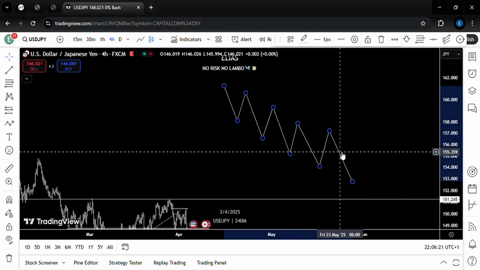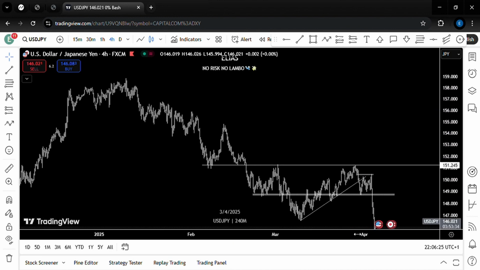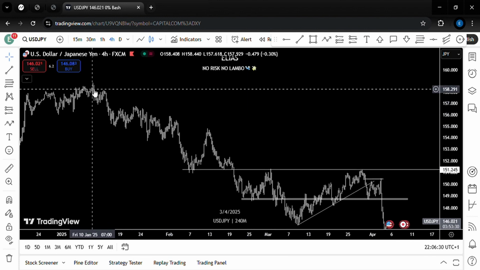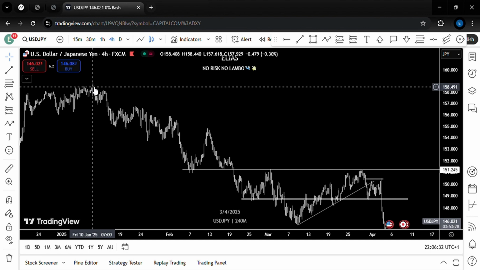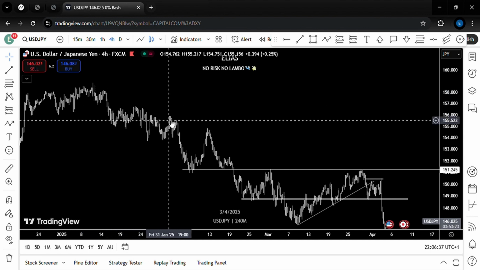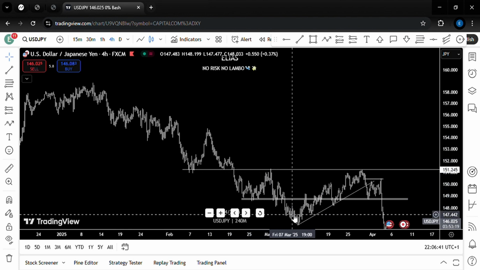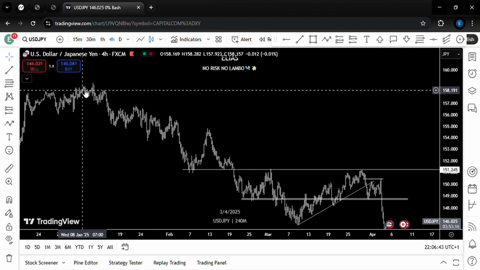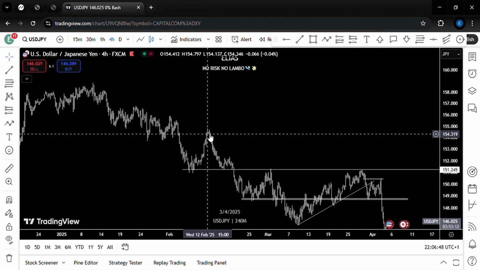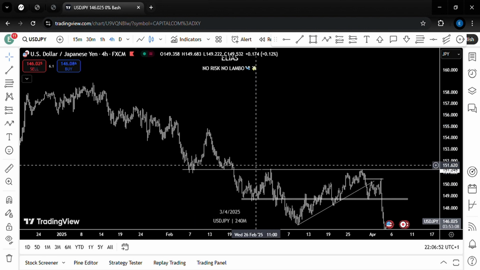So here now, when we come to 4 hour time frame, you can see clearly from here that we are on a downtrend. This pair has been creating series of lower low, lower high, lower low, lower high, and so on and so forth. As you can see here, these highs are being protected, while the lows keep getting broken.